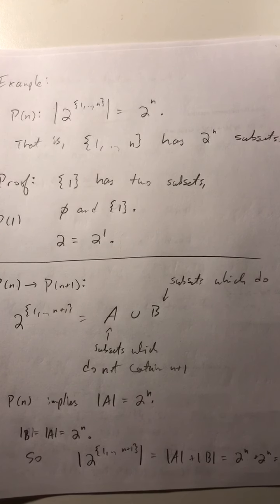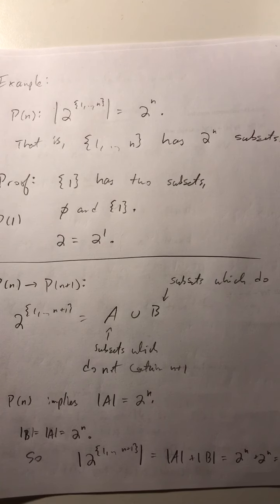How many subsets could I have there? Well, when I'm looking at 1, 2, 3 up to 10, and I count that there are 2 to the 10 subsets, I'm saying, let's look at all the things: 1 may or may not be in a subset. So I have 2 options for 1 and 2 options for 2. 2 may be in the subset, maybe not. 3 may be in the subset, maybe not.